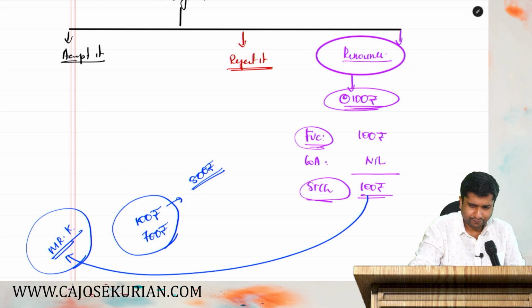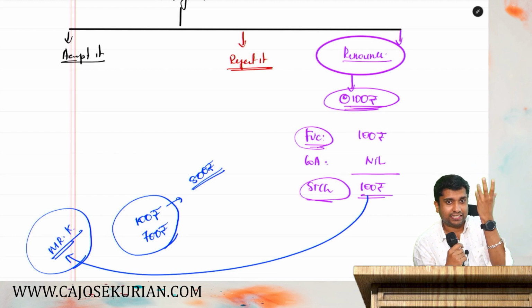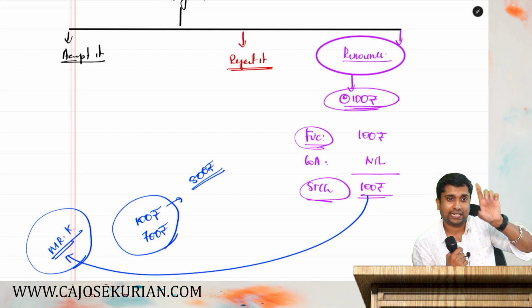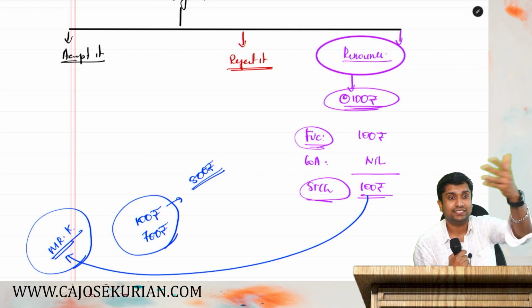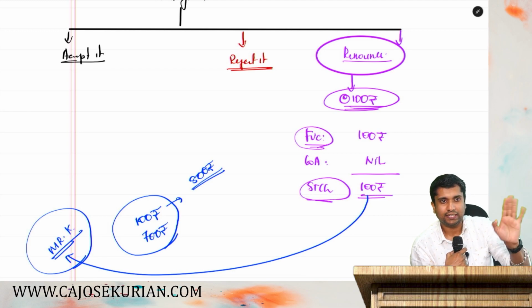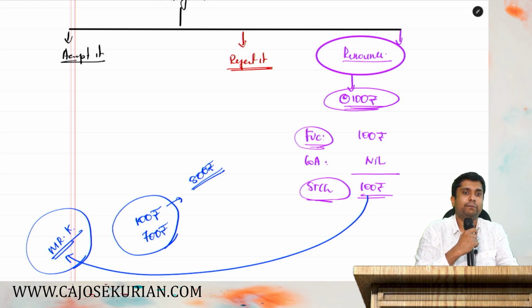So listen, I'll repeat it again. If the existing shareholder sells his right entitlement to a third party, the right entitlement transfer is a taxable transfer. Right entitlement is a capital asset. Full value consideration shall be the sales price. Now the cost of acquisition shall be 0. Why? Because you got that right entitlement for free.